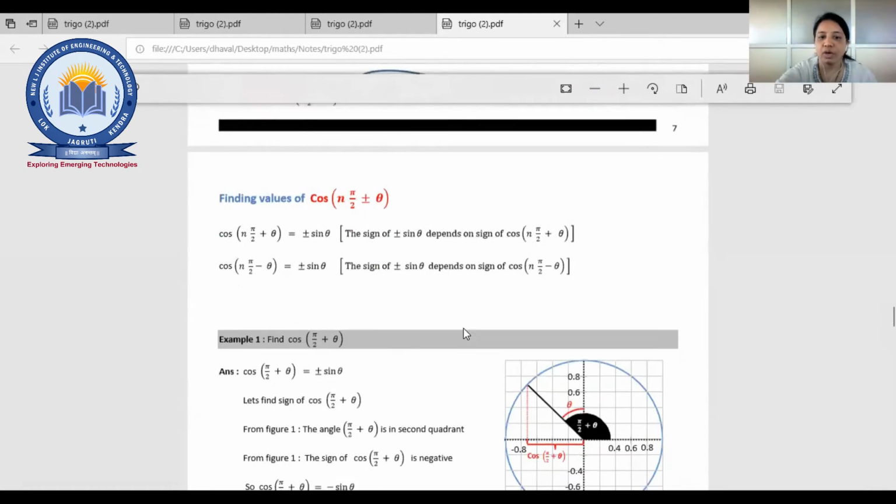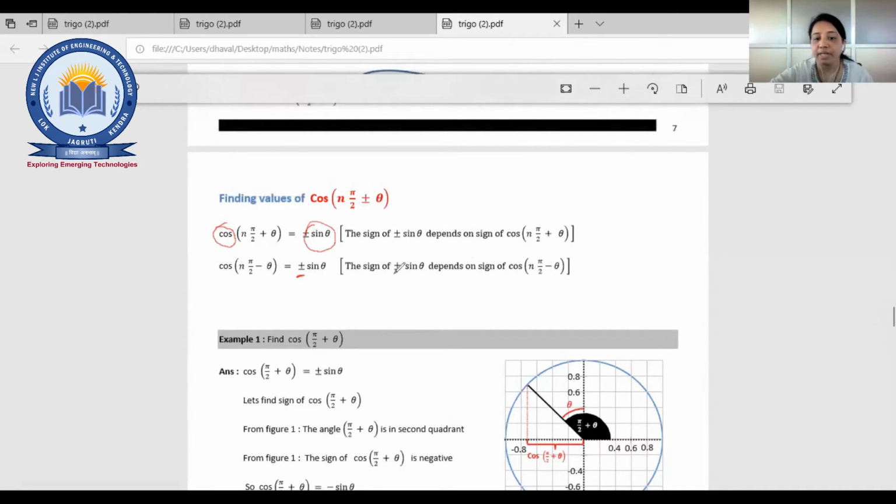Fine. So that was for sine. Now we'll move to the cos. In the same way for the cos also, your answer is always in which form? Sine theta. But you see the sign will depend upon the left side of the function, that is cos.